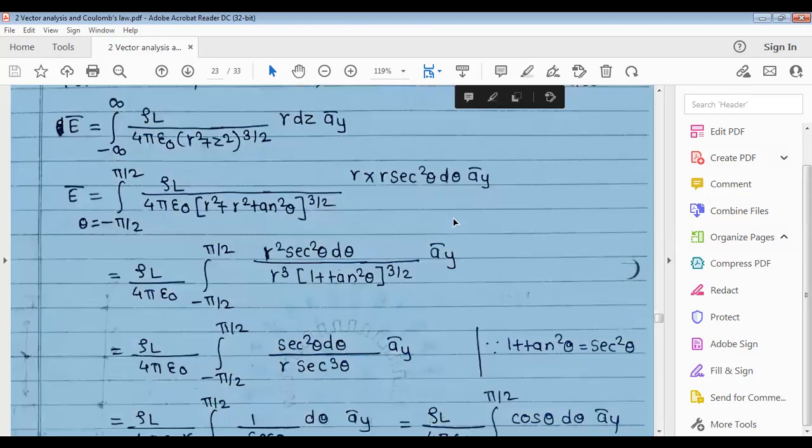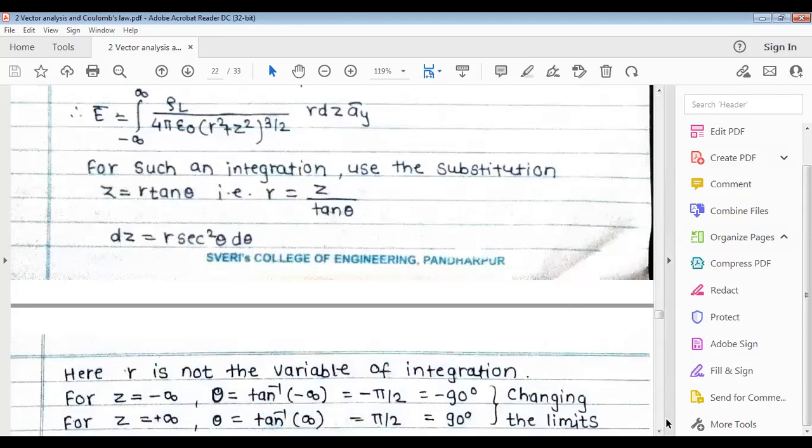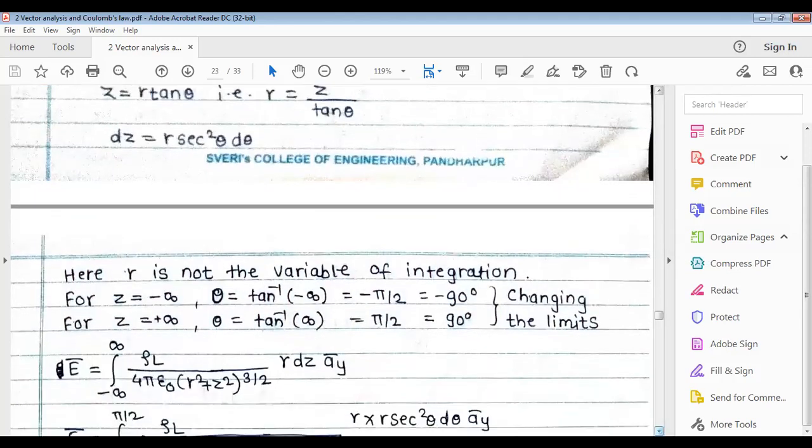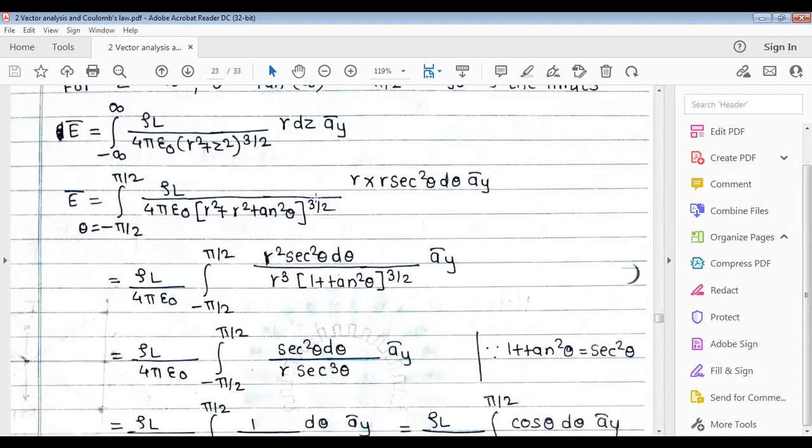R square, into, just multiply by again 3 by 2. What is the answer? Is it r cube or r square? R cube, right?